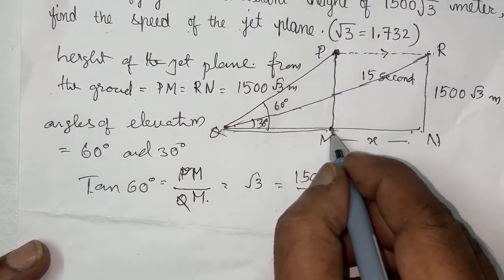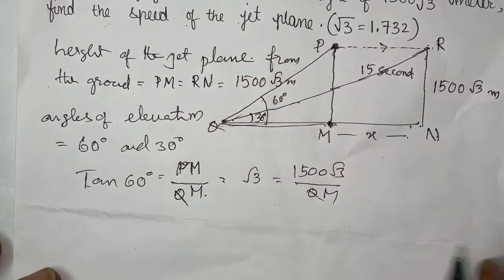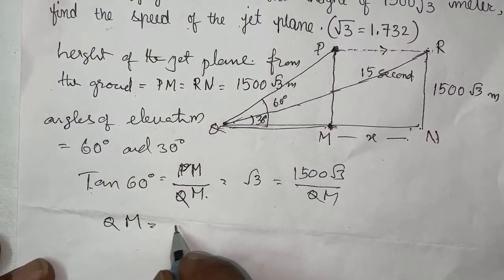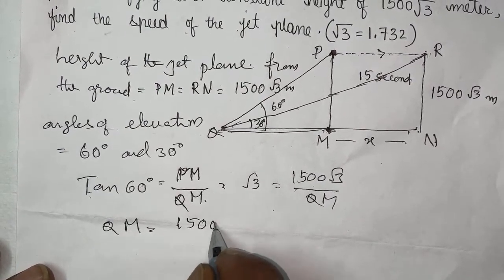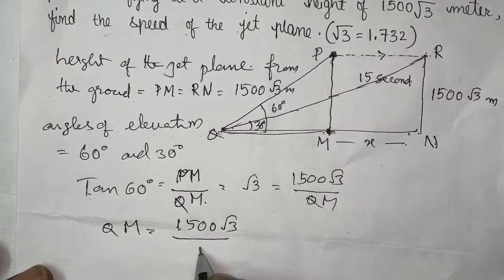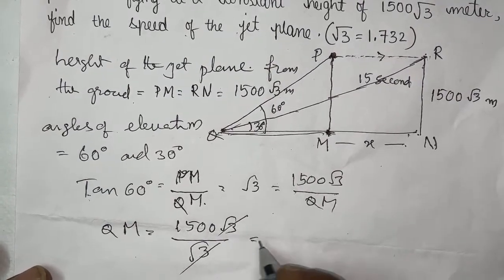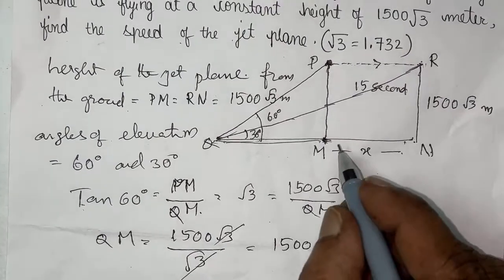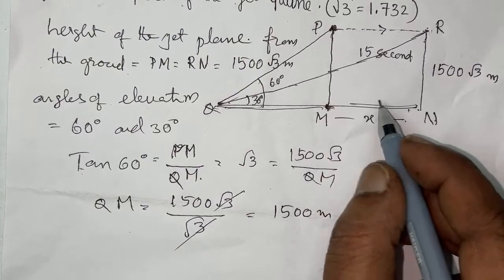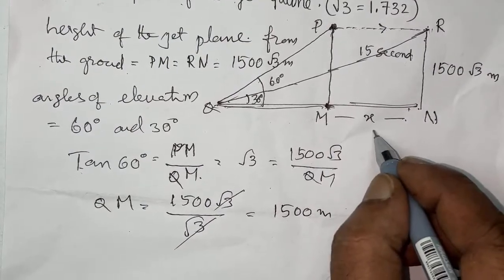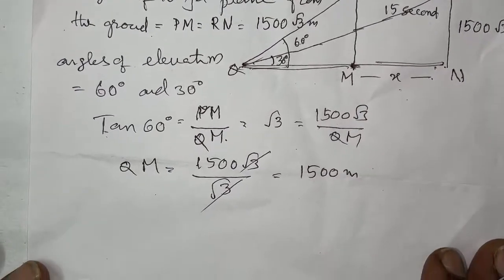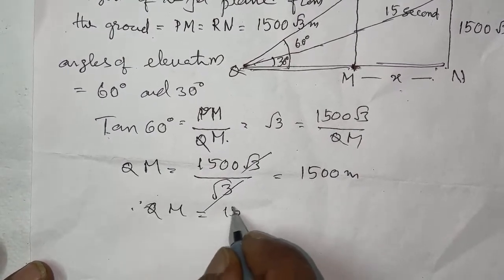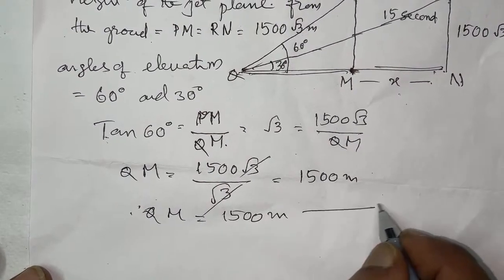QM is equal to 1500 root 3 by root 3. Root 3 gets cancelled. QM is equal to 1500 meters. Therefore QM is equal to 1500 meters, equation 1.